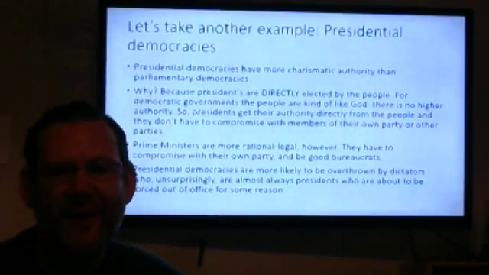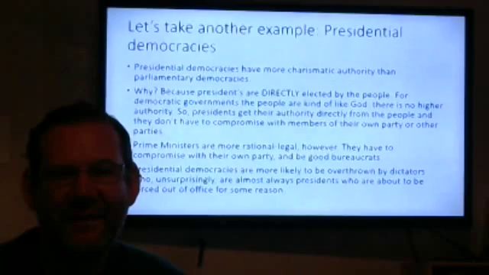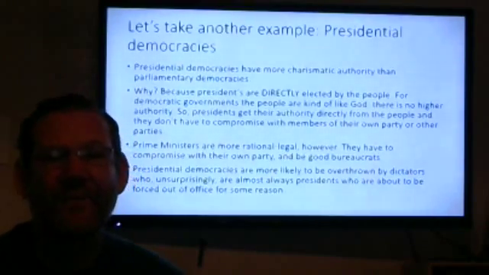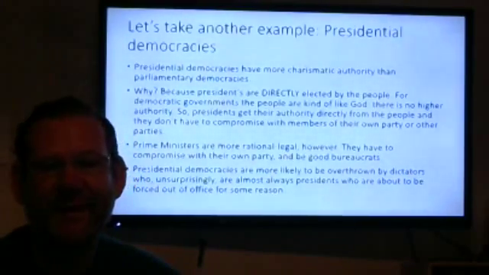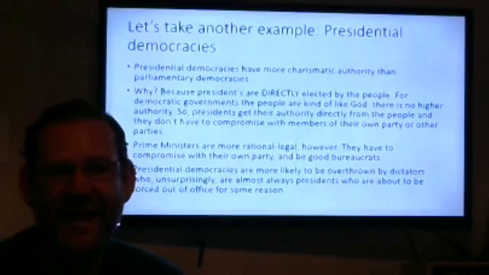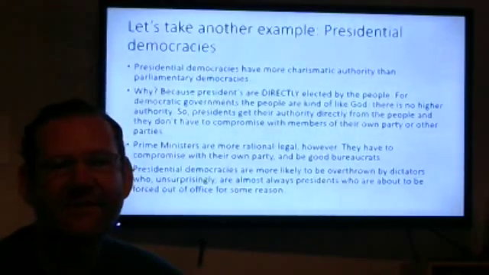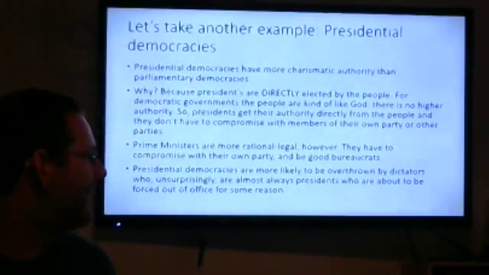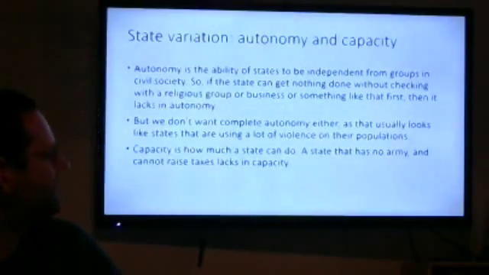Prime ministers have to compromise with other people. They don't get to go independent and be mavericky. They actually have to kind of be team players. That means managing everybody's personalities and all of that. And that's a much more rational, legal way of doing politics, of doing governance.